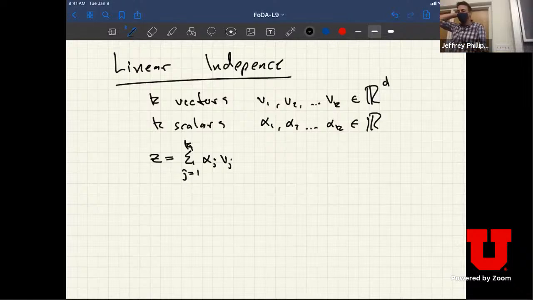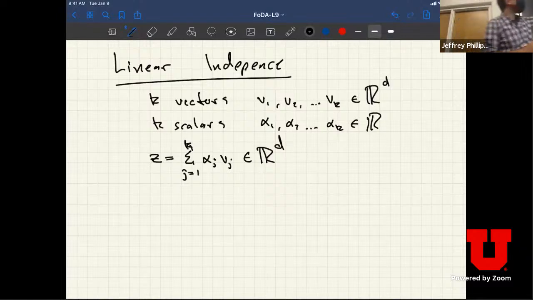Wouldn't it be a vector? Yep, that's right. It's a vector. In fact, it's in the same space R^d as these other vectors, because if I add two vectors, it's an element-wise addition. If I have a scalar multiplied by a vector, I scale all the coordinates by that alpha term.